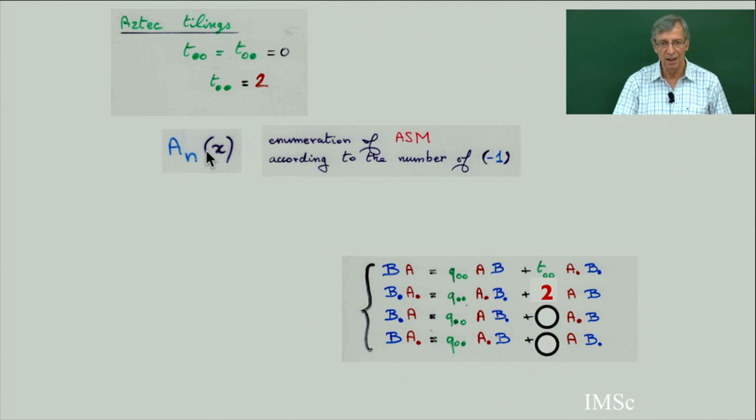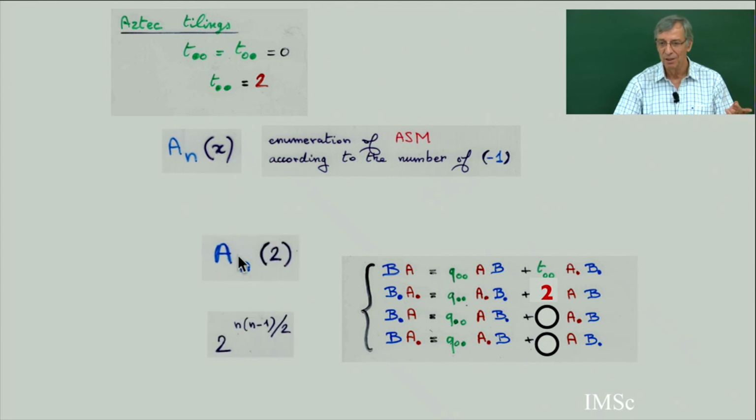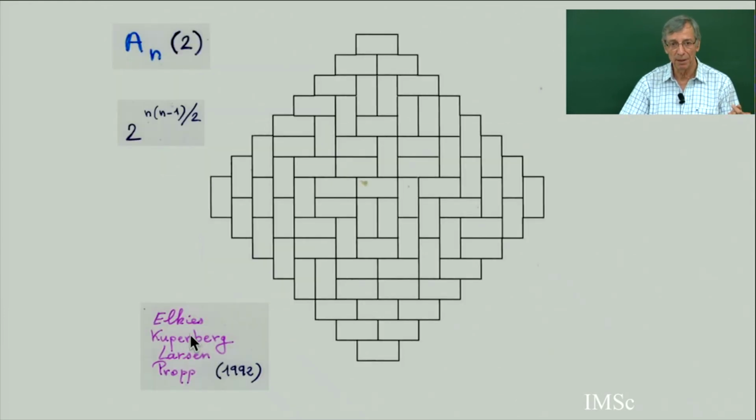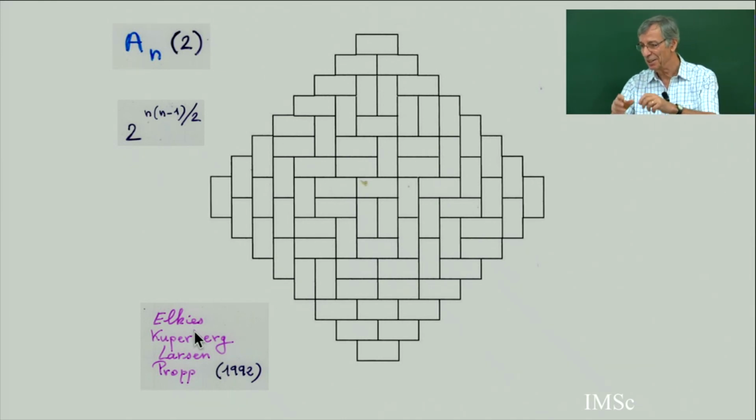If you put x equal 1, you get the number of alternate sign matrices. But if you put x equal 2, you get exactly the number of Aztec tilings. This is well known: in the paper by these four people, they give a bijection between Aztec tilings and alternate sign matrices where the -1 has two colors.